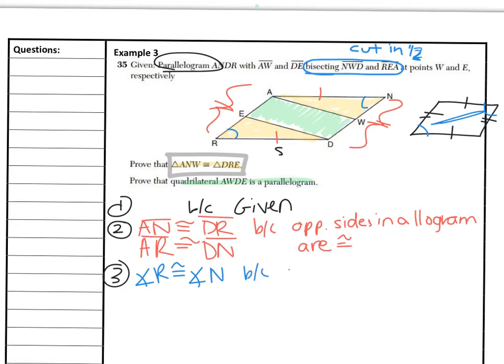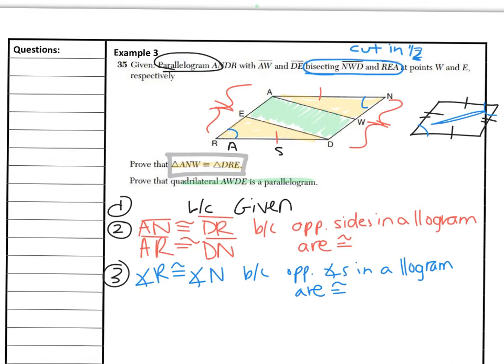And that's because opposite angles in a parallelogram are congruent. All right, so that's a pair of angles. That's an A. Remember, we need 3 things in order to prove triangles congruent by like SAS, AAS, ASA, so on and so forth.